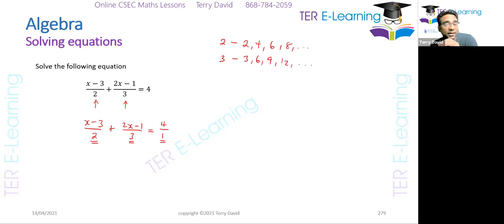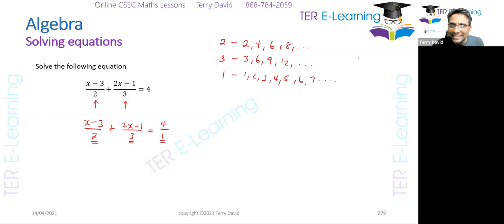Those are numbers that 3 can go into. Then in the case of 1, 1 can go into every number: 1, 2, 3, 4, 5, 6, 7, and you keep going. 1 can go into all numbers, right?